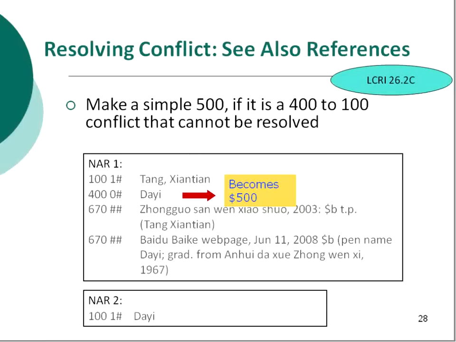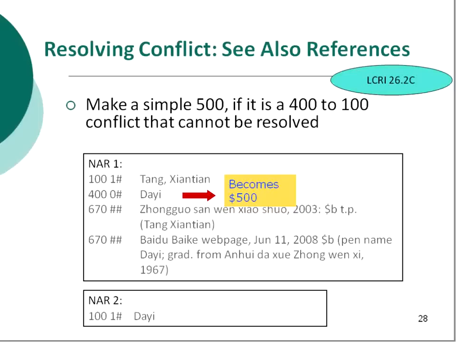Resolving conflict, see also reference. Sometimes we do not have any information or enough information to break the conflict between a 100 and a 400. In that case, a 500 see also reference needs to be used. So here's an example. You look at authority record number 1.